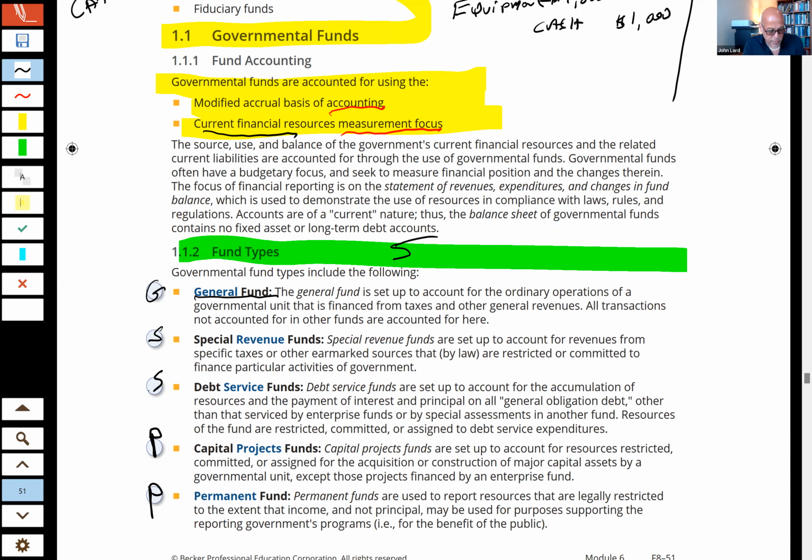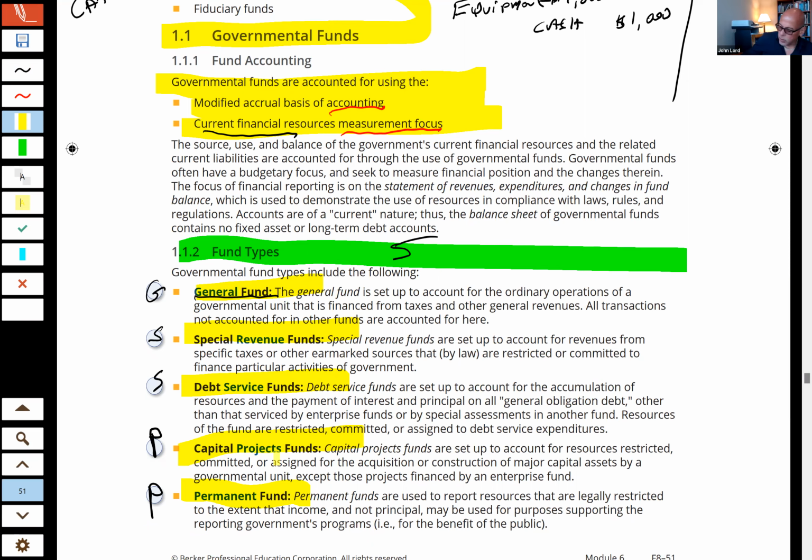There's no A in there. That is useful for helping you remember the 5 governmental funds: general fund, special revenue fund, debt service fund, capital project fund, permanent fund. And they will literally ask you 2, 3 questions on the CPA exam that test just that very simple knowledge.